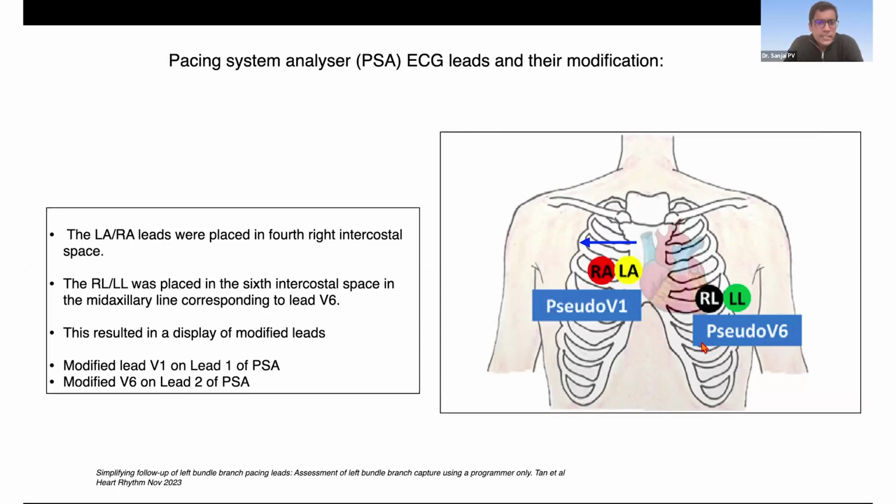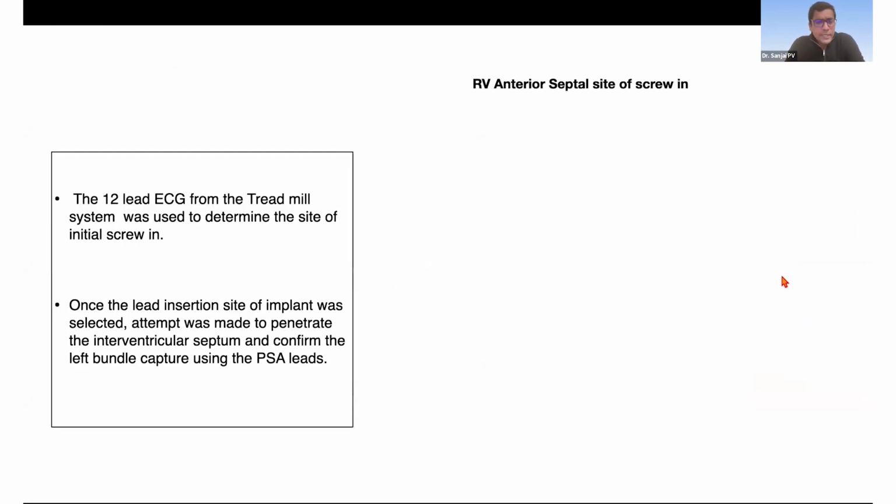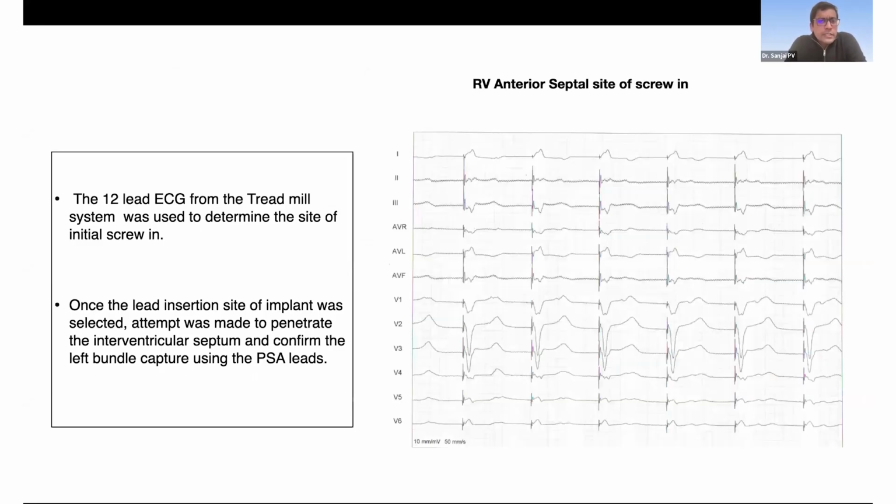So this resulted in a modified lead because we know that left arm to right arm is the lead 1. So this is not a true V1, it's a pseudo V1 because it's a bipolar type of lead configuration, because it's just 2 leads which are close to each other. And again, from left lower limb to the right arm, which is lead 2, the lead 2 gave us a pseudo V6.